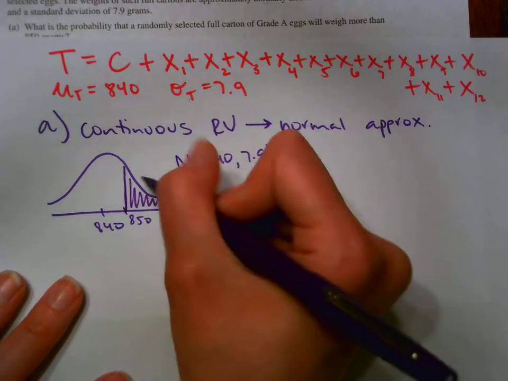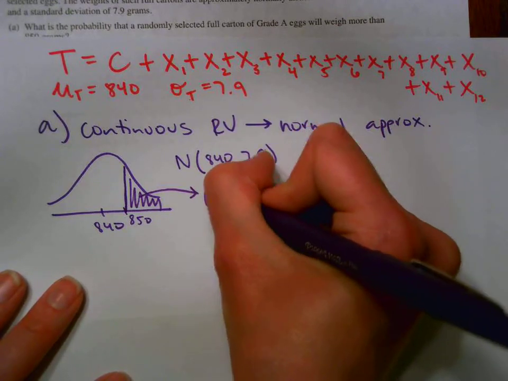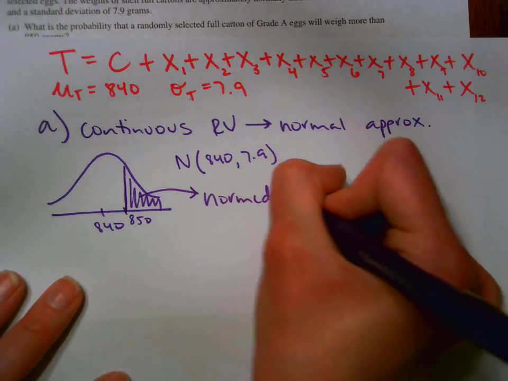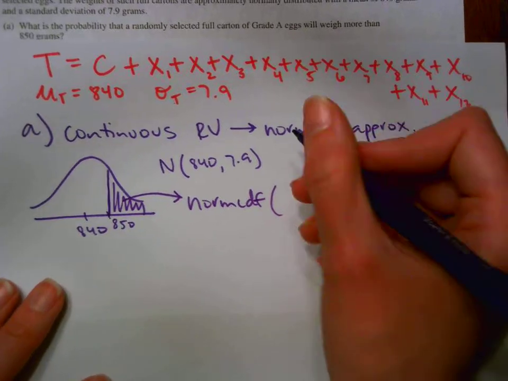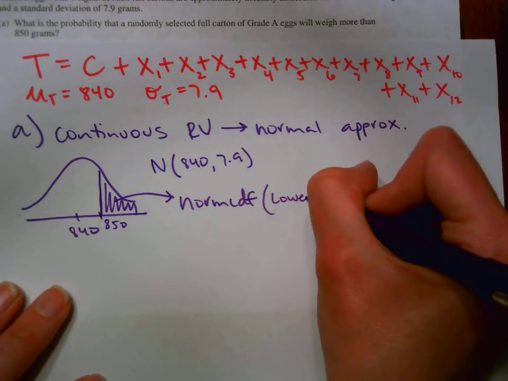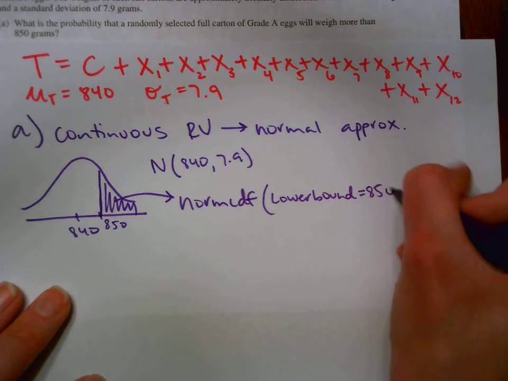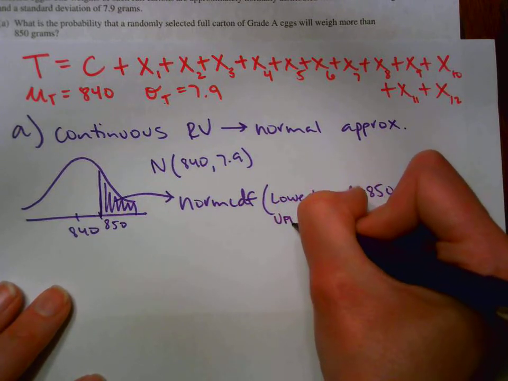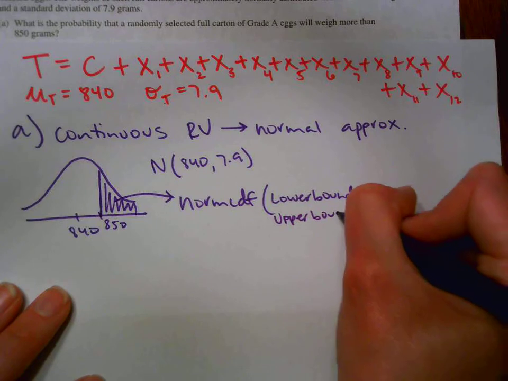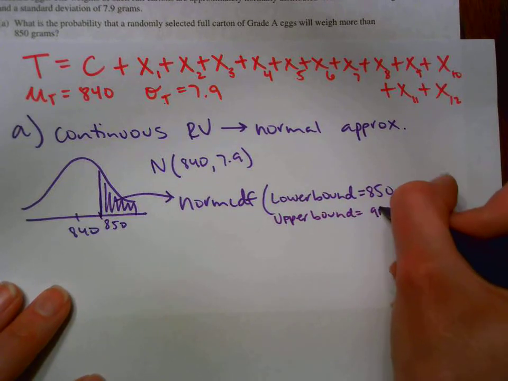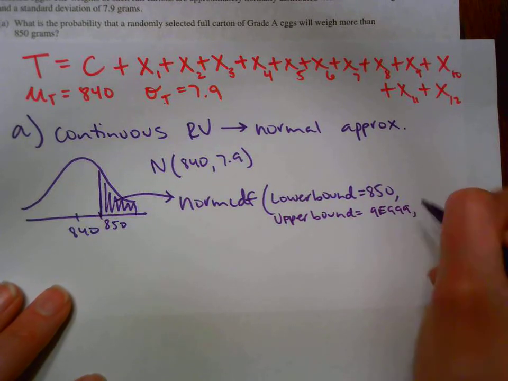So that probability is going to be normal CDF with a lower bound equal to 850, an upper bound of infinity, 9E999 in the calculator.